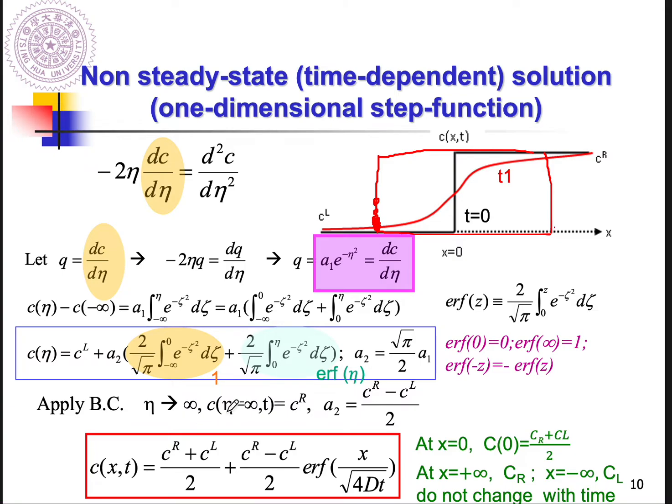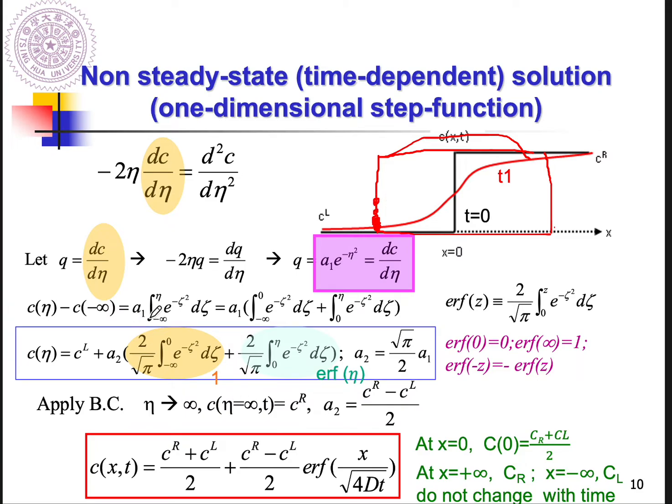Okay. So first of all, if you want to use these solutions for any step function, you need to check the length of this diffusion couple, whether this length is much larger than the diffusion length, square root of 4Dt. If it's shorter than square root of 4Dt, then that will cause the boundary condition to change.